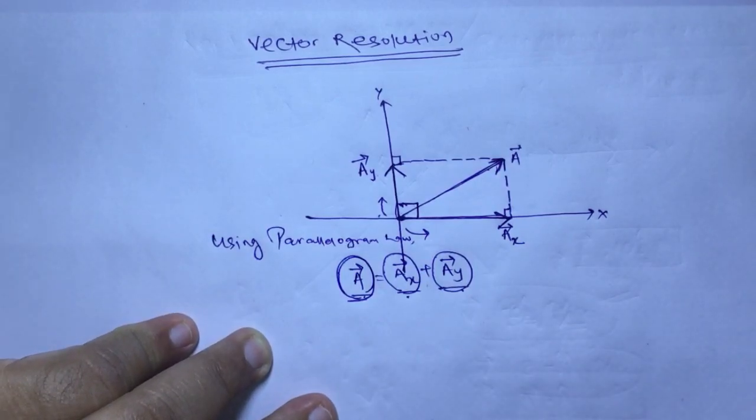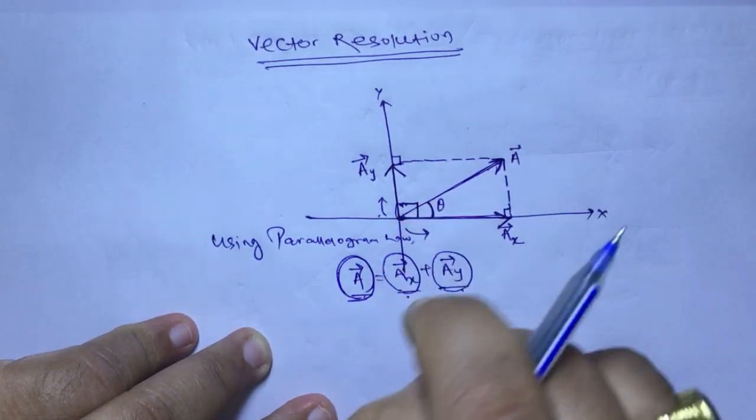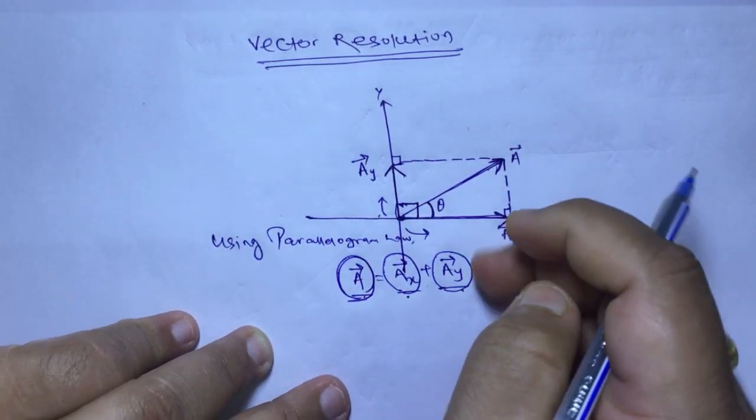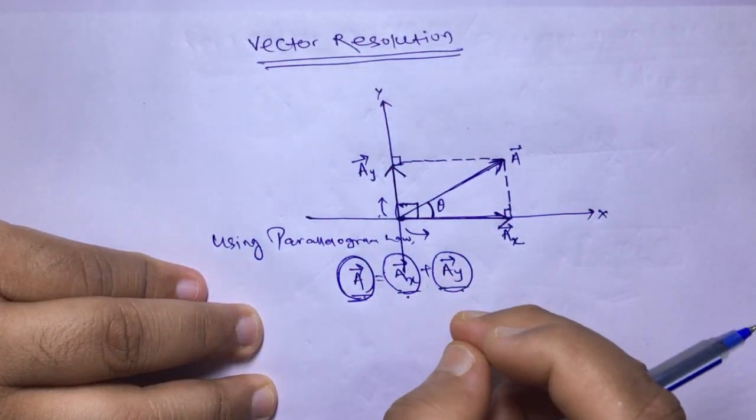Now let this angle be theta. I want to find the magnitude of this ax vector.